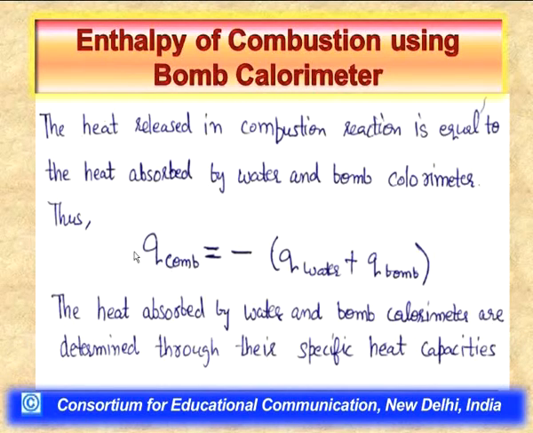Here it is evolved, so it is a negative sign, while Q water and Q bomb are absorbed, so they are positive quantities. Therefore, heat absorbed is a positive quantity and heat evolved is a negative quantity. During combustion heat evolves, and it is absorbed by the water and calorimeter.